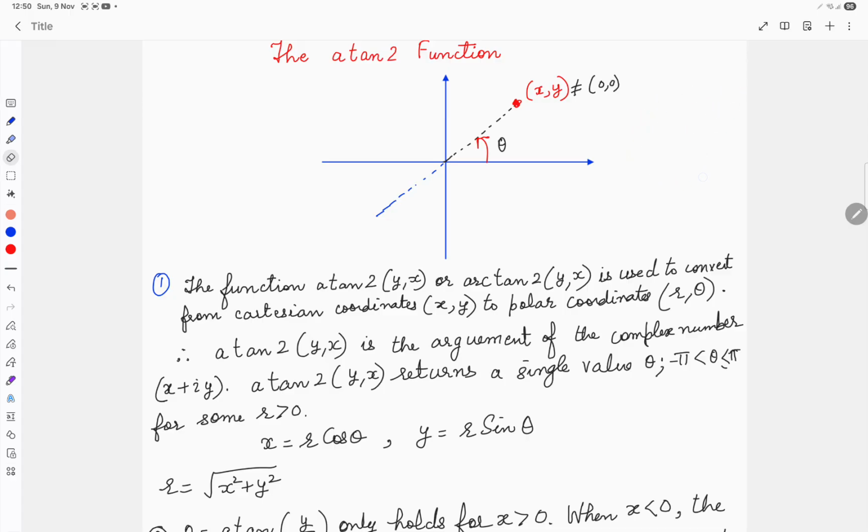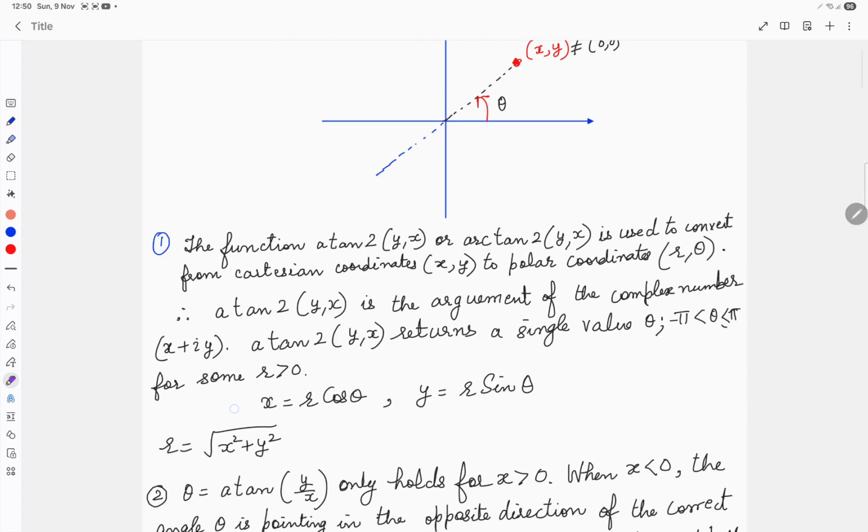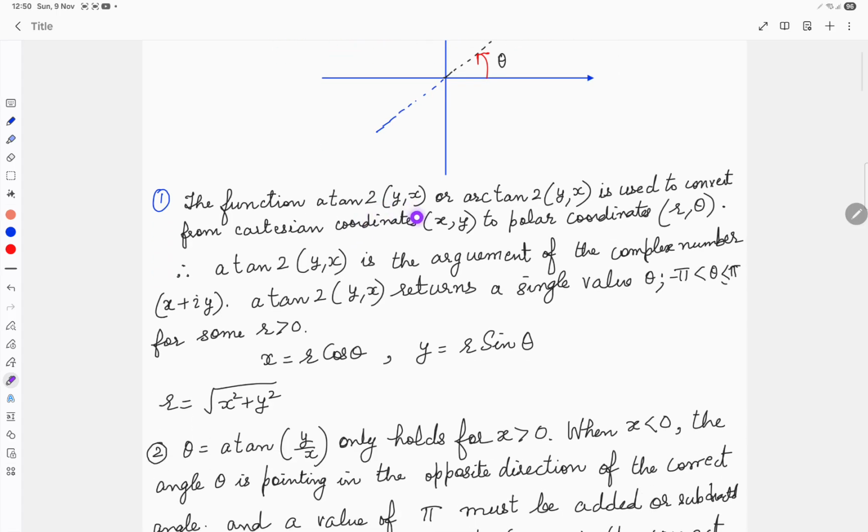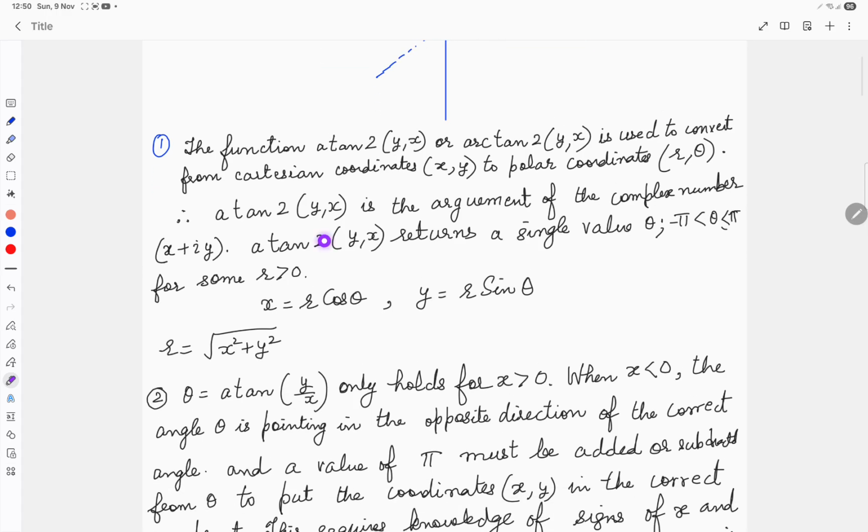So let us try to understand the concepts here. The function atan2 y comma x or arctan2 y comma x is used to convert from Cartesian coordinates x comma y to polar coordinates r comma theta. Basically we want to calculate theta to put the point exactly using the polar coordinates. Now atan2 of y comma x actually is the argument of the complex number x plus iota y.